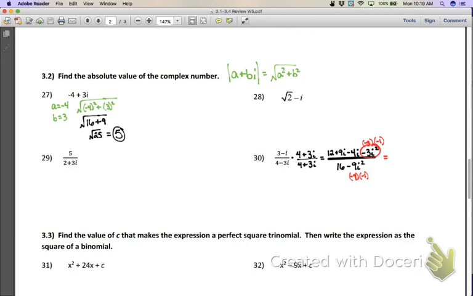So on the top, I'm going to have 12 plus 3, so that's 15, plus 5i, and then 16 plus 9, so 25.